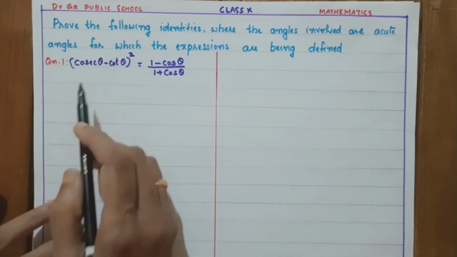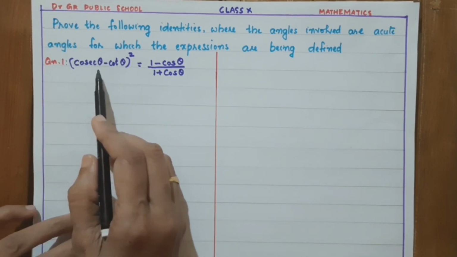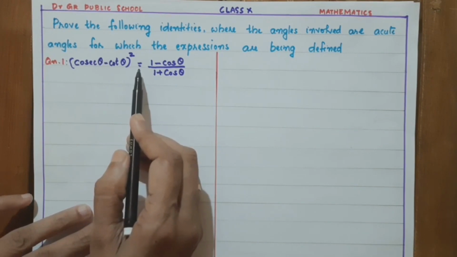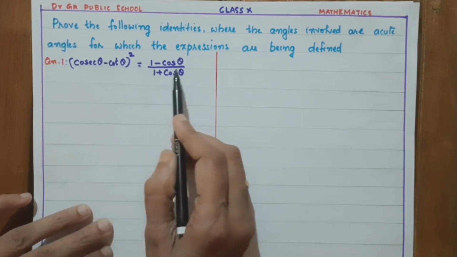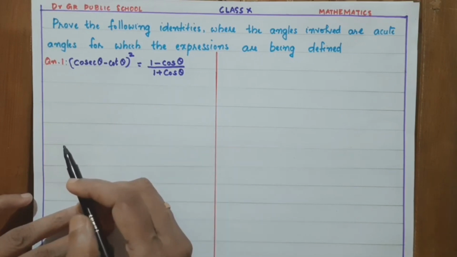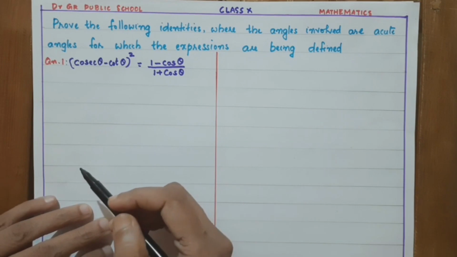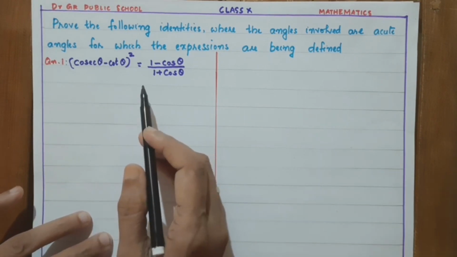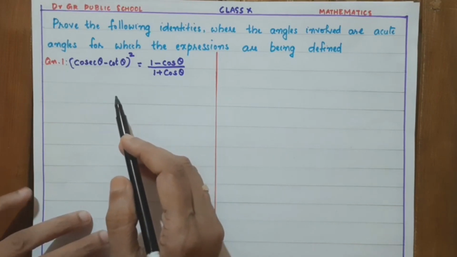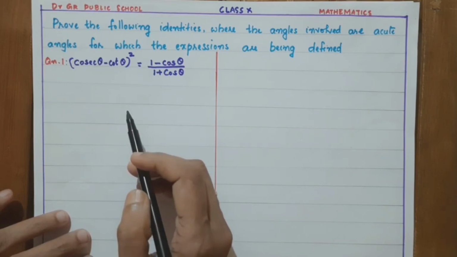Okay, children. So here we have to prove cosec theta minus cot theta the whole square is equal to 1 minus cos theta by 1 plus cos theta. Okay, so we have to prove more questions. See, each question is different. We have to choose the suitable steps for proving each one.